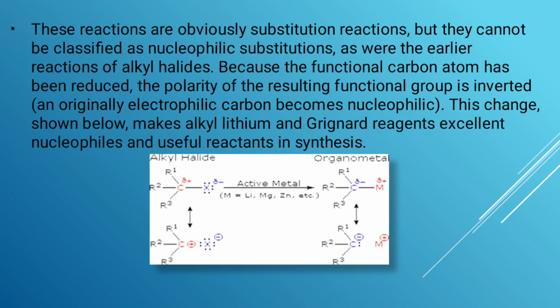These changes, as shown below, make alkyl lithium and Grignard reagents excellent nucleophiles and useful reactants in synthesis. In this reaction, an alkyl halide or tertiary halide is directly bonded to an active metal like lithium, magnesium, zinc, etc. to form the organometal. These are the tertiary organometals.